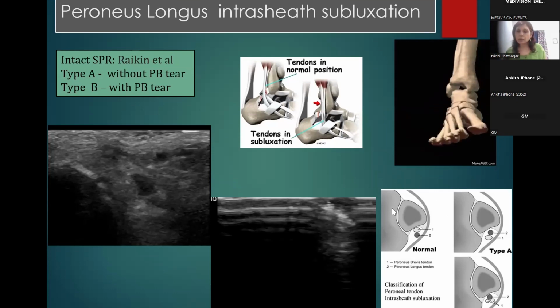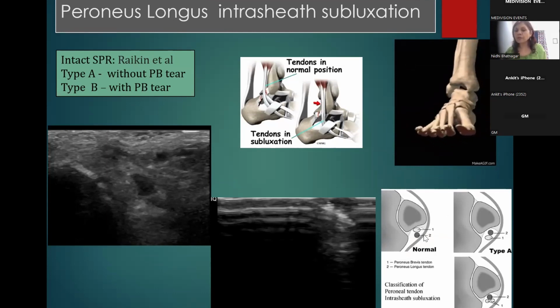So I bring you to this diagrammatic representation, and you see here that this is a normal configuration. In the retromalleolar groove, we have the tip of the styloid here, the cortex. Close to the cortex, posteriorly, we have peroneus brevis and then peroneus longus, and the fibrocartilaginous ridge, which is attaching to the superior peroneal retinaculum. Now, when we are talking of A, you can see that this entire configuration has changed.